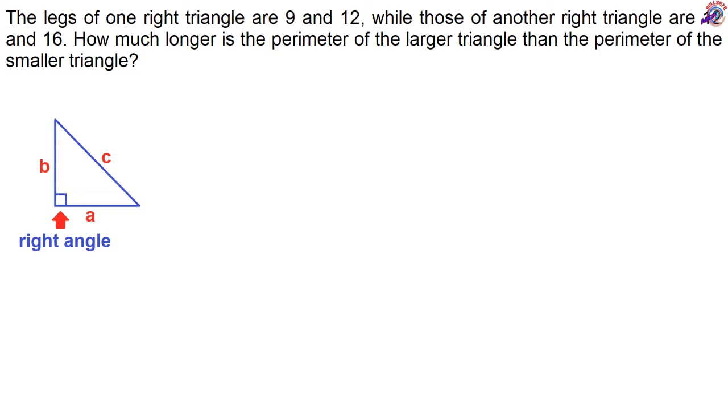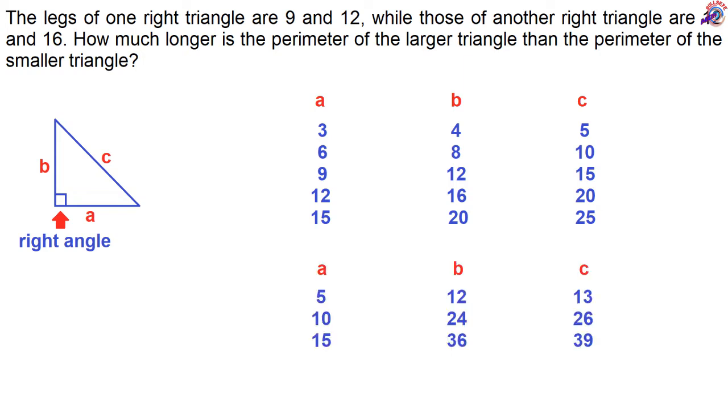Here we have a list of numbers. What are these numbers? They are called Pythagorean triples. The very common Pythagorean triples are 3, 4, 5 and 5, 12, 13. As you can see in our list, we have 3, 4, 5, multiplied by 2, it's going to be 6, 8, 10.